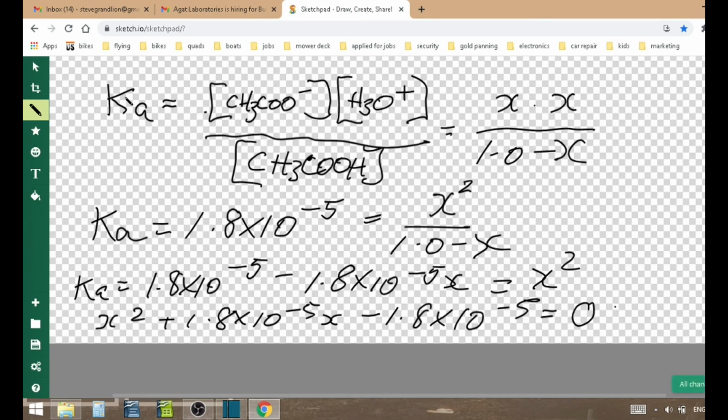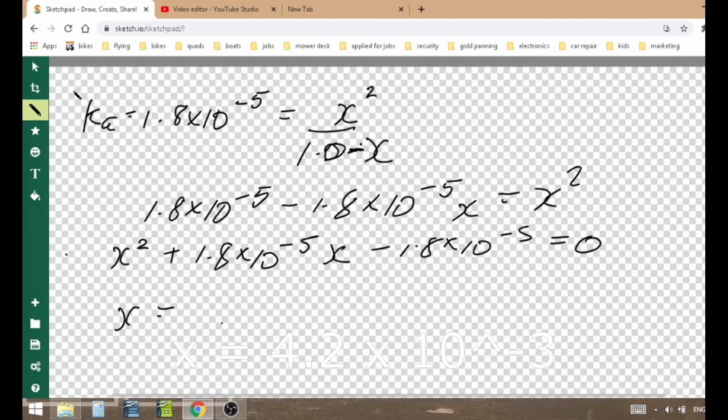We now have a quadratic equation which can be put into the quadratic formula to solve for X. X equals some number.